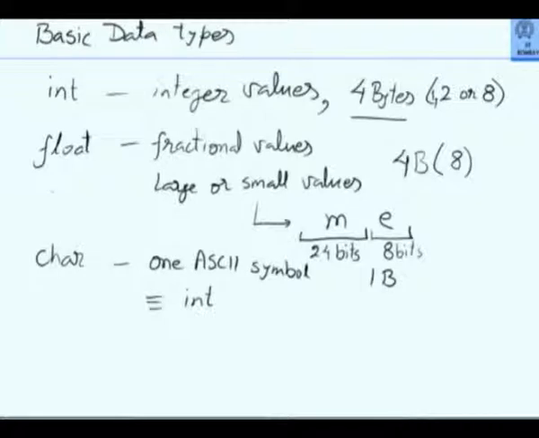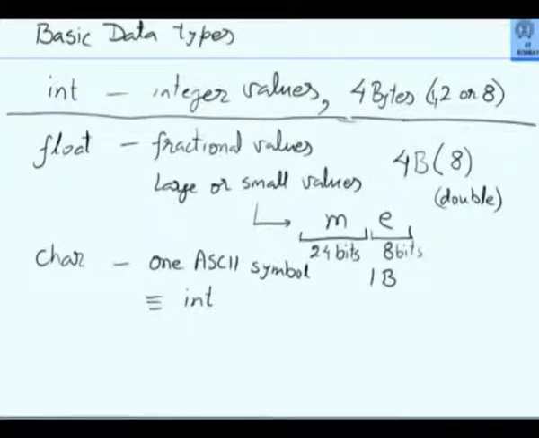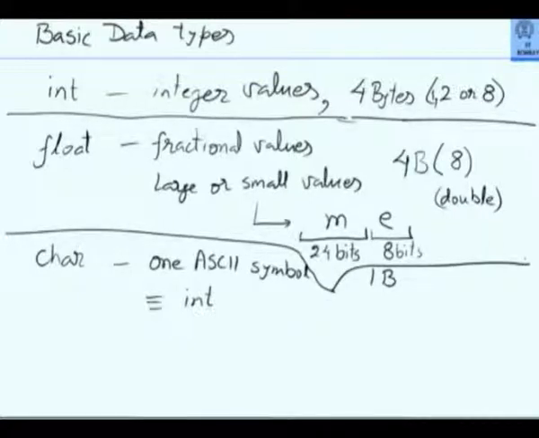Double is a version of float. So just as int has short or long, long int means 8 bytes, short int means 2 bytes.